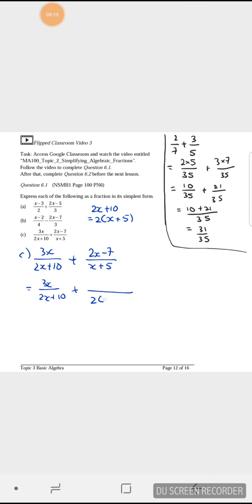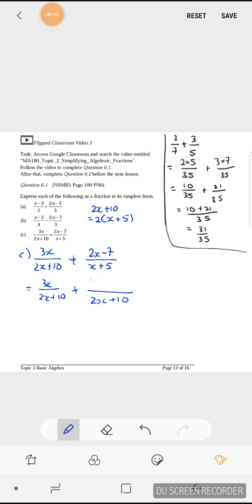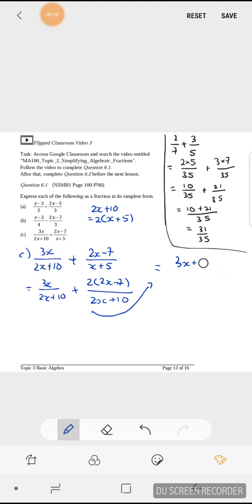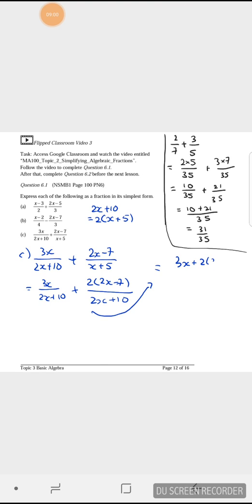So if you are able to identify this, you would write it as 3x over 2x plus 10 plus, now in order to get 2x plus 10 over here, you must multiply by 2. So multiply by 2, 2x minus 7. Okay, so from here, carry on this part, you have 3x plus 2(2x minus 7) over 2x plus 10.